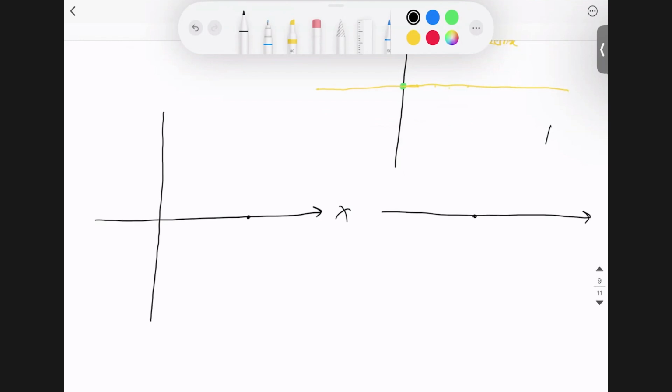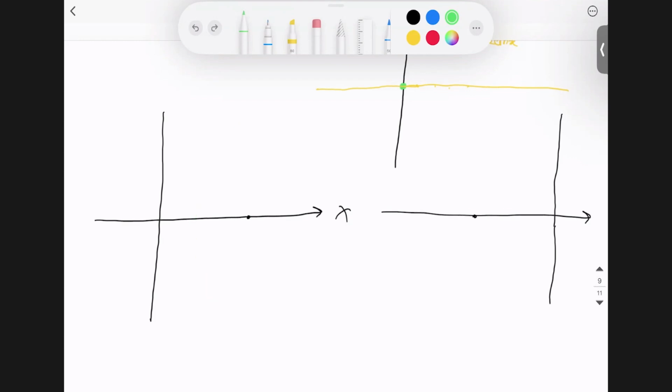Two cases may arise, right? Whatever you decide, the fixed point will not be on the line. So two cases may arise, either it is on the left or it is on the right. Now, if it is on the left, then we will get a parabola of this form, like this.